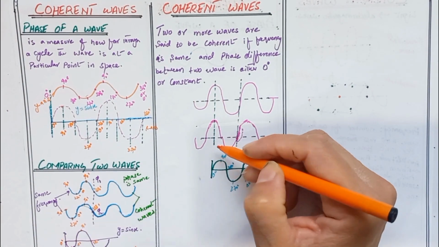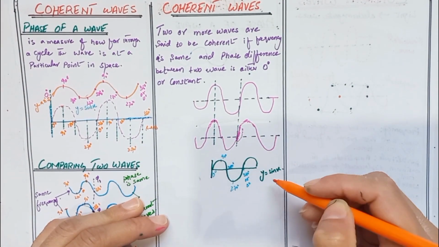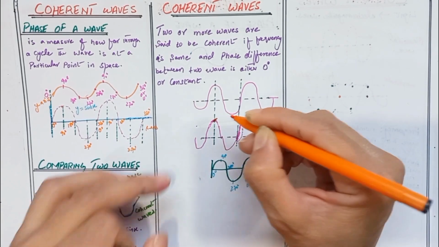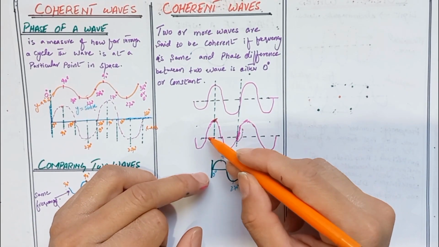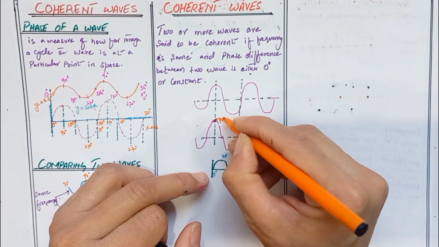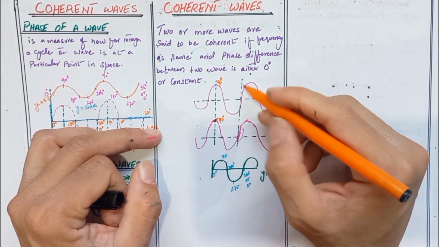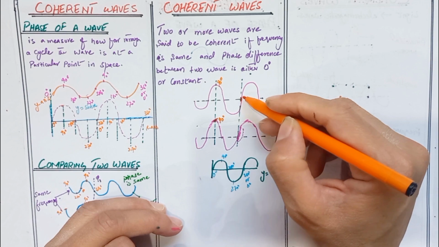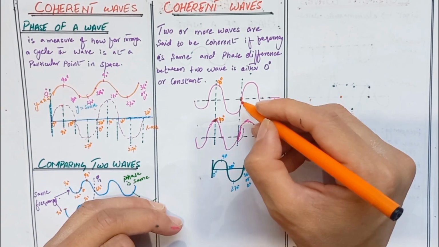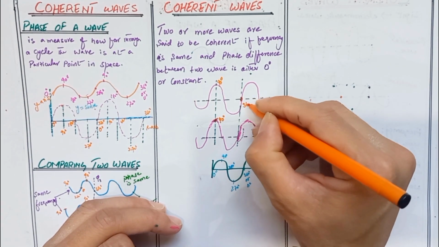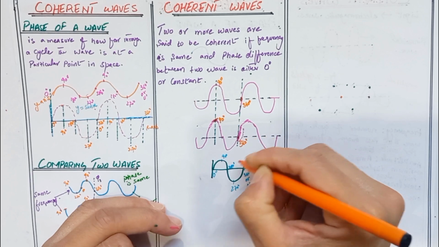In this case, we compare the phase of the wave with the sine curve. At this point, the value of the sine curve is 90 degree as it goes up from down. So here it is 90 degree, and if we compare this wave with the sine curve, we also get a phase of 90 degree. At this particular point, the value of the curve is 0 degree or 360 degree, and here it is also 360 degree.